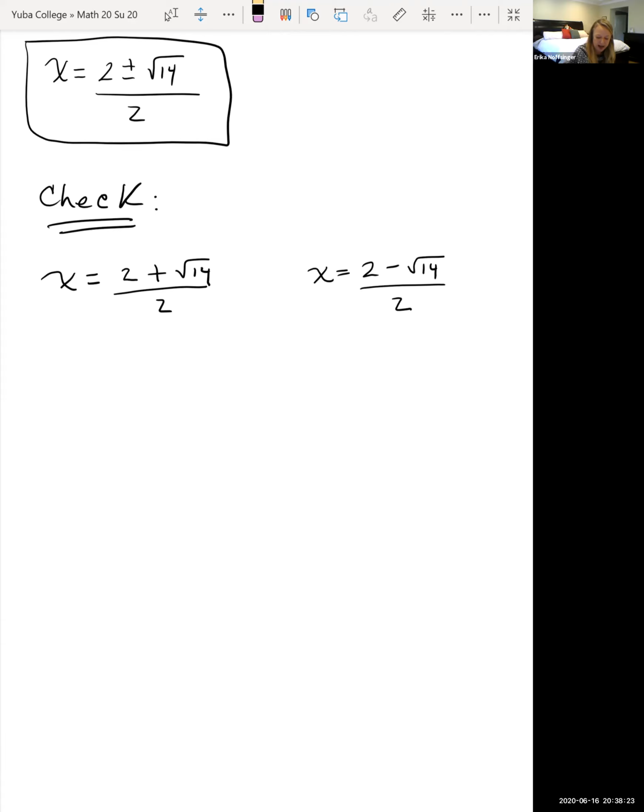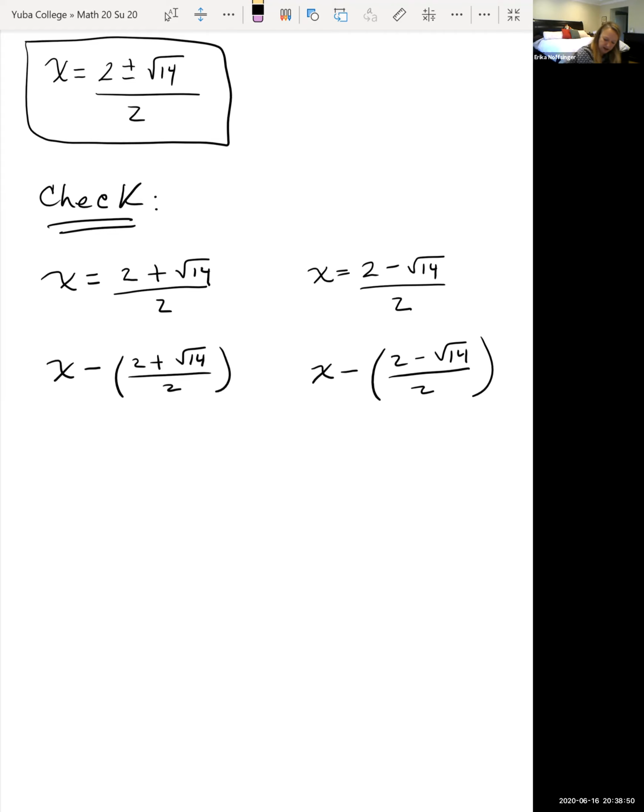If we subtract this constant, which is an ugly constant, but it is a constant, from both sides of the equation, we would get x minus this quantity 2 plus root 14 all over 2. And on this one, we would have x minus that whole quantity 2 minus root 14 all over 2.